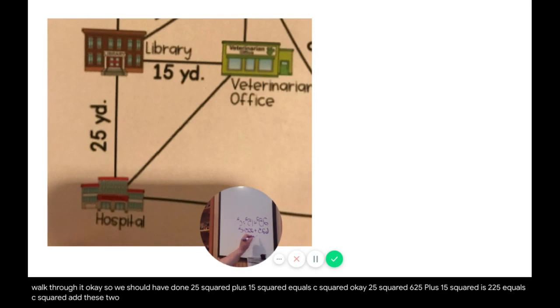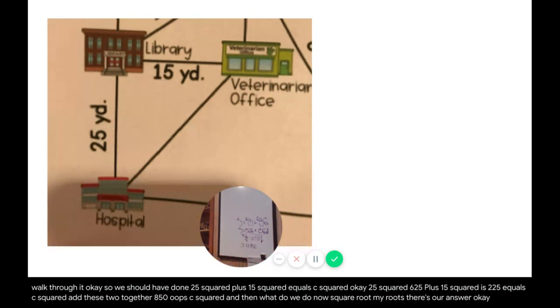Add these two together, we get 850 equals c squared. And then what do we do now? Square root, square root. There's our answer.